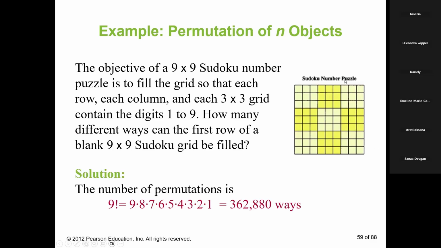Okay, that's the answer. So the number of permutations is 9 factorial, which gives you 362,880 ways for the first row of the blank 9 times 9 grid to be filled.